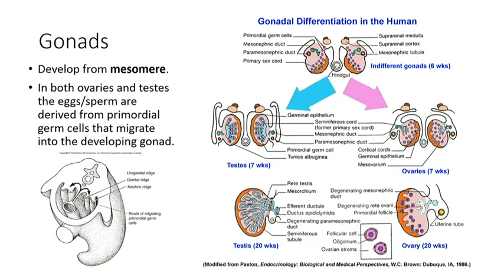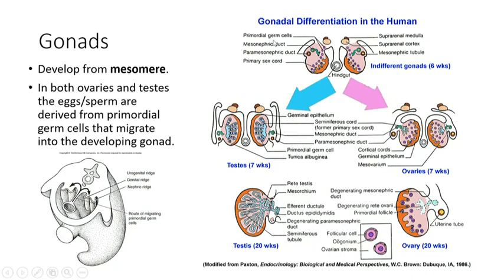Now, we know that in mammals, the sex is determined by chromosomes, more specifically, some of the genes on the chromosomes, and we will be talking about that a little bit later in the course. But up until 6 weeks or so, the gonadal differentiation in humans does not exist.